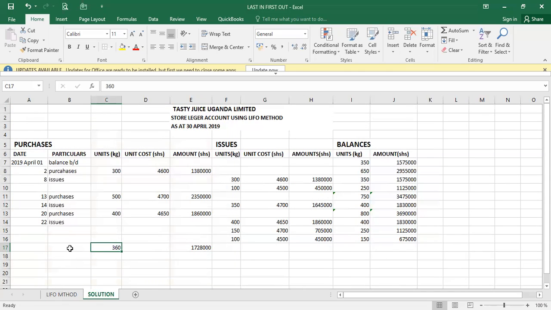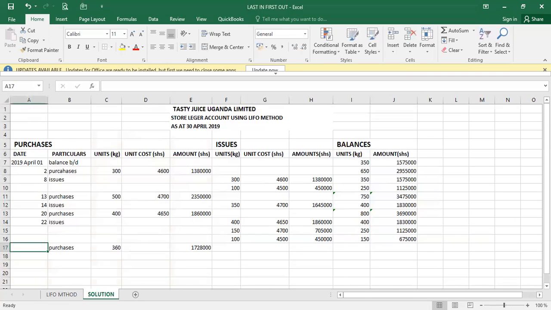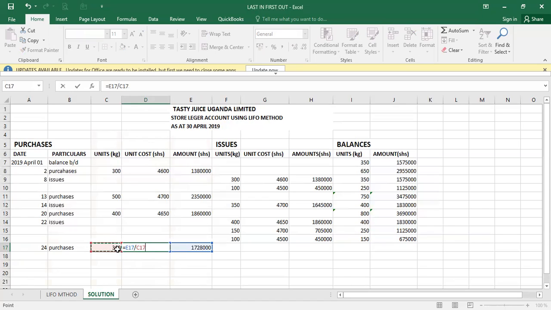Yeah, it's the right one. But these are purchases. They happened on what was the date? The date was the 24th. This is the 24th. Then we want to know the unit cost, which will be this divided by this.